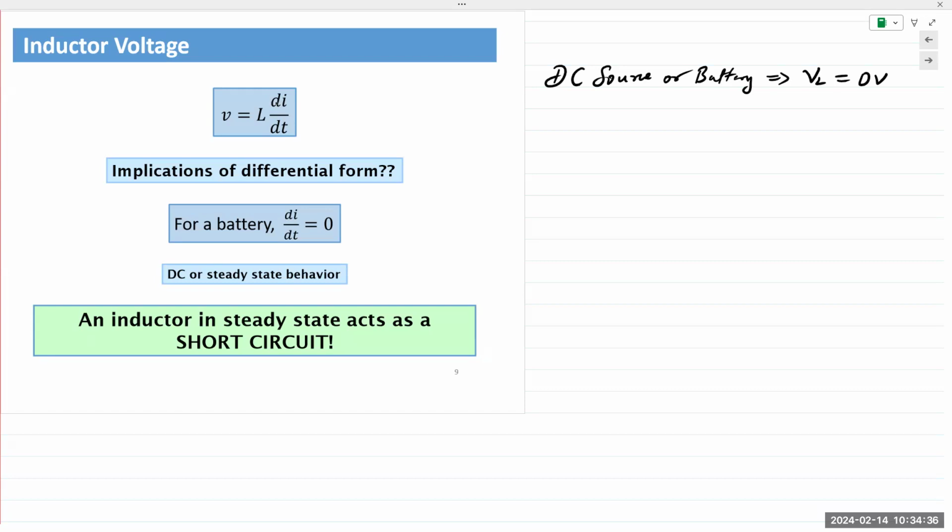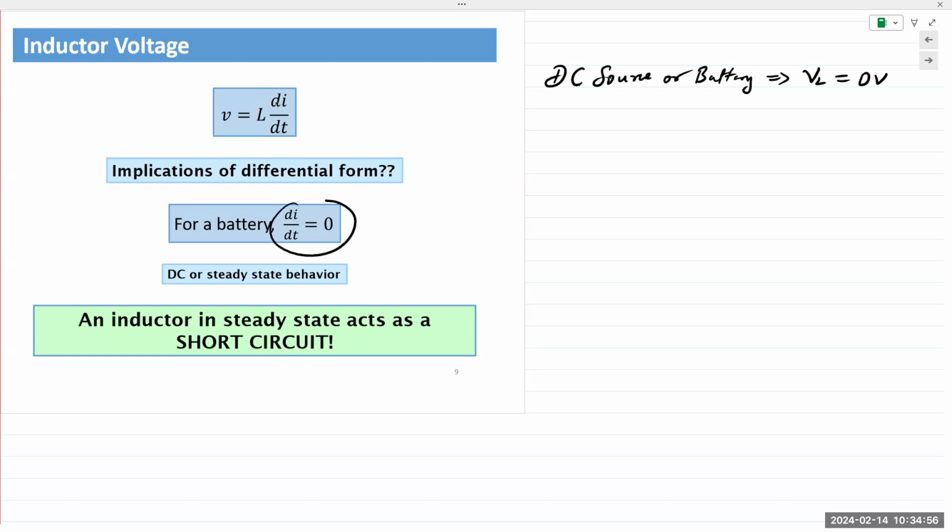When it comes to AC, it's different because AC always keeps fluctuating. It goes through positive, negative, positive, negative, so there's constant change all the time. But for DC, the behavior of an inductor is said to be 0. It behaves like a short circuit.